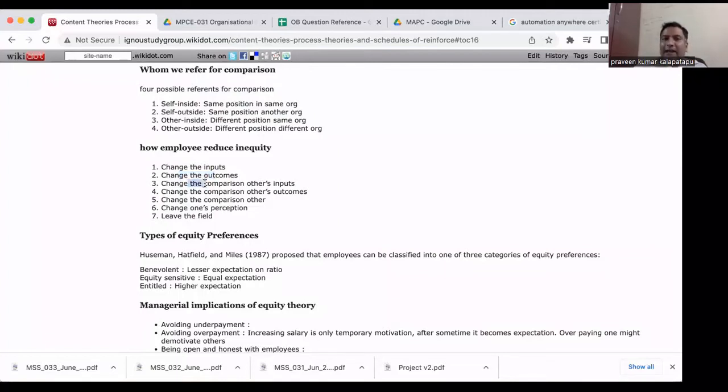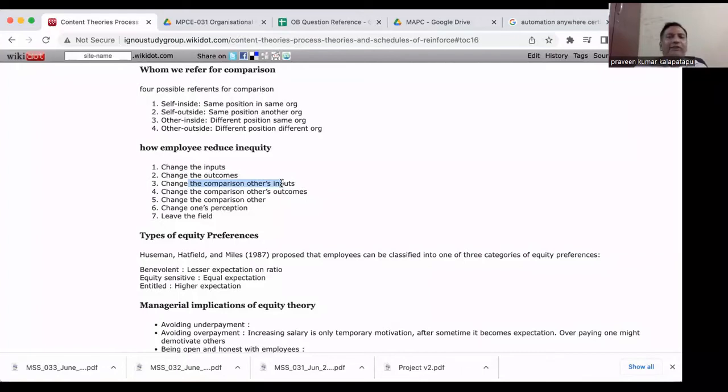Or else I change the comparison of others' inputs. Basically now I will see it in a different way, say that, okay, yeah, I compared, but maybe the effort that he is putting in 8 hours, maybe he is more concentrated on the work.